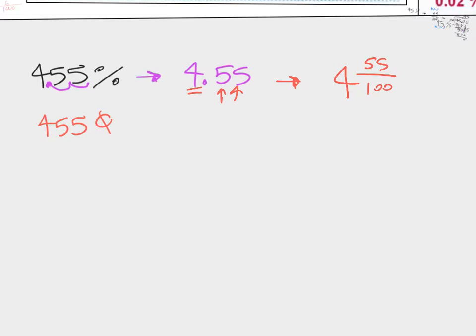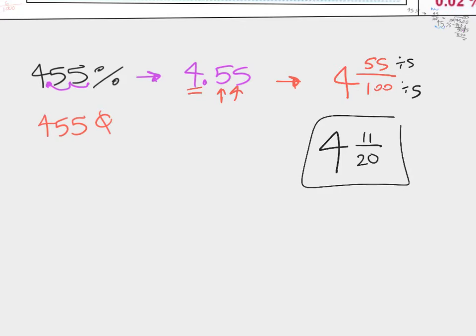Simplify. And you always have to simplify. 55 and 100 are both divisible by 5. So the 4 remains. 55 divided by 5 is 11, and 100 divided by 5 is 20. Boom. That mixed number is considered a fraction. This is the fraction.